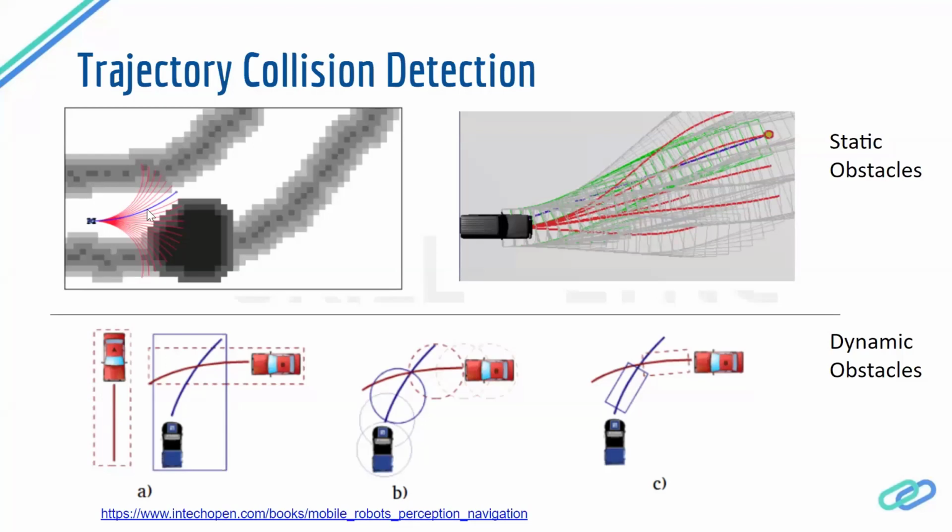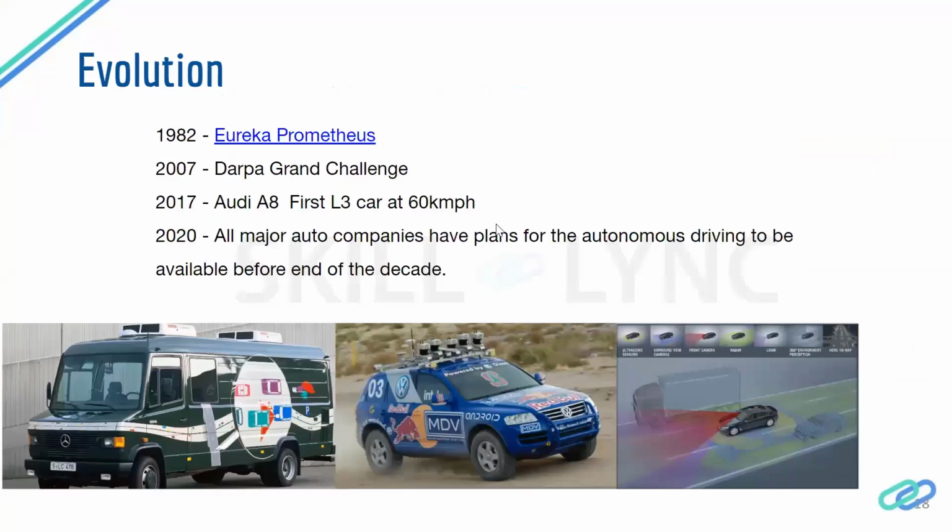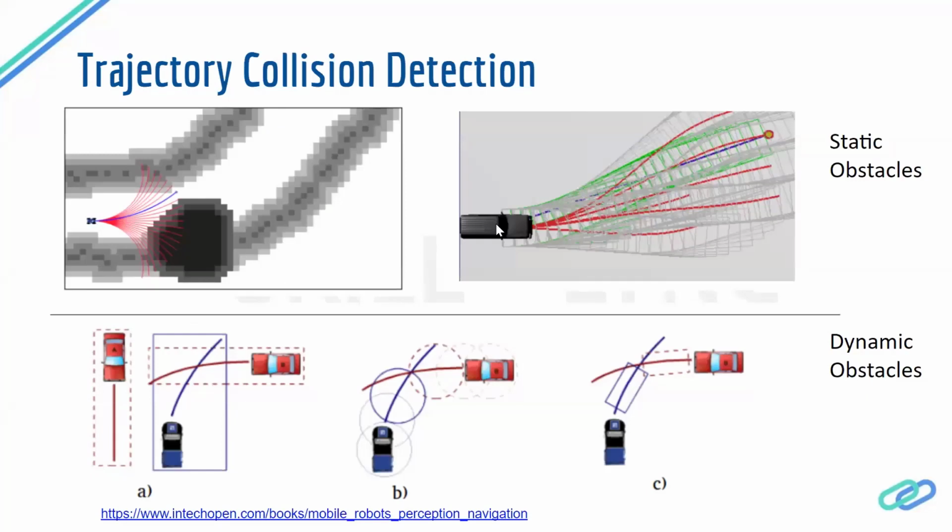Here, the blue line is a collision free trajectory which the robot will follow. Or one more thing that we can do is we project the path of the car into the future and then see if there is a collision anywhere. So we say, I place the car at 0 meters, 1 meter, 2 meters, 3 meters, and so on, and see if it is colliding with anything in the static environment.